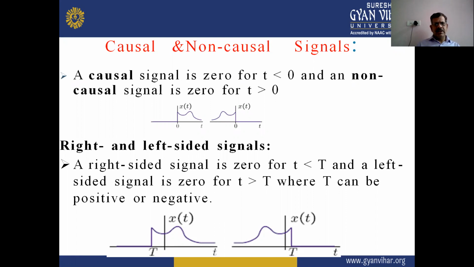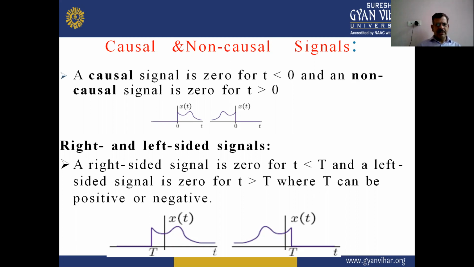A causal signal is 0 for t less than 0 and a non-causal signal is 0 for t greater than 0. So there are two examples of causal and non-causal signals, as we can see in these two figures.